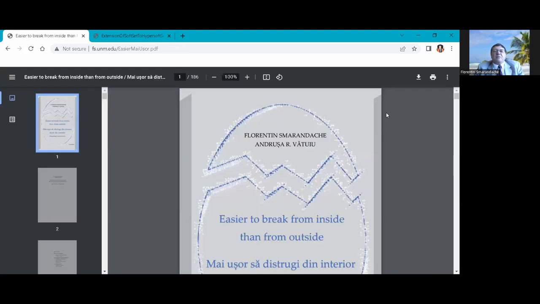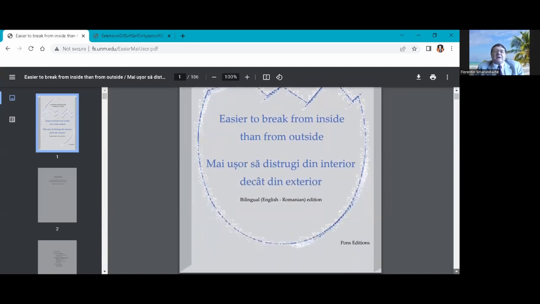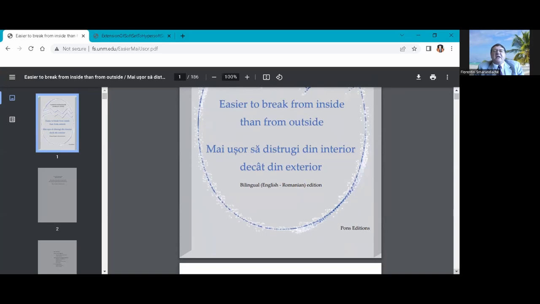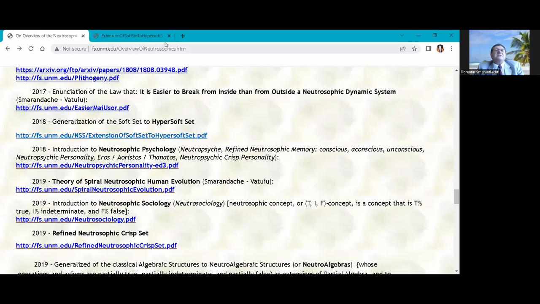So it's possible to break. It's a book written together with engineer Andrusha Bătui from Romania. And it's easier to break a Neutrosophic system from inside than from outside. So in order to break something, it's better to have somebody inside that helps break it. From outside, a bigger power is needed to break a system than from inside. So that was the idea.